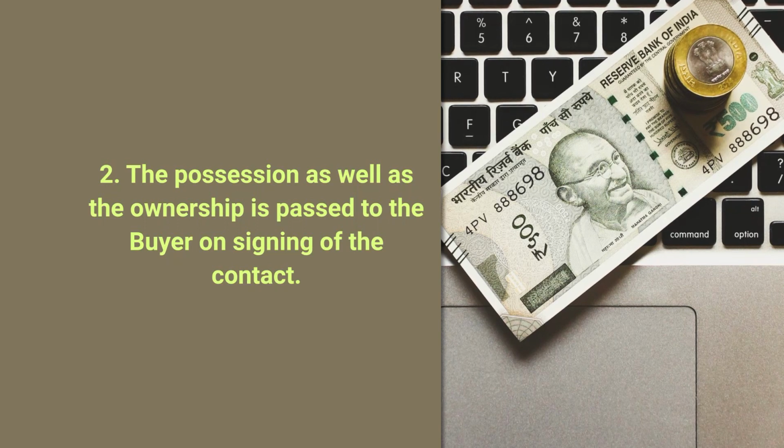The second one is that the possession as well as the ownership is passed to the buyer on signing of the contract. Friends, the possession of the goods and the ownership is passed to the buyer at the time of signing the contract.